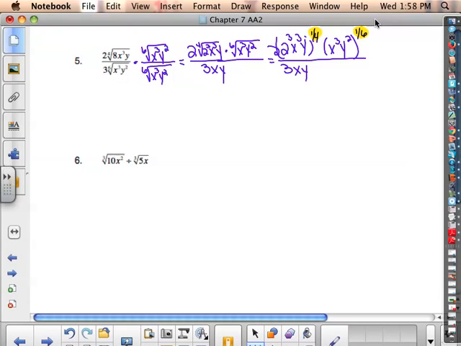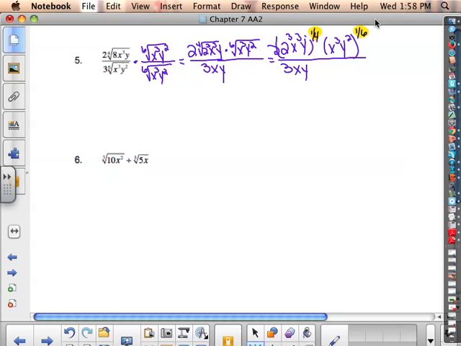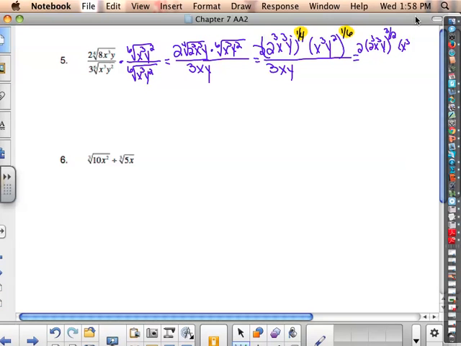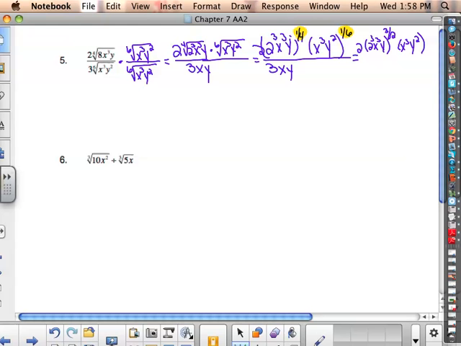So the least common multiple on that is going to be 12. So I'm going to rewrite this as 2 times 2 to the third, x to the third, y, raised to the 3/12, and then I will have x to the third, y squared raised to the 2/12 all over 3xy.